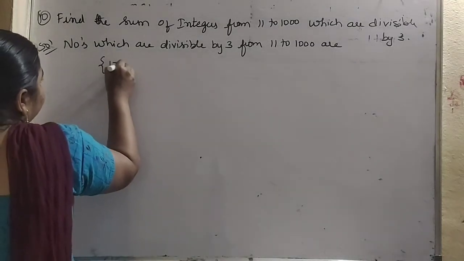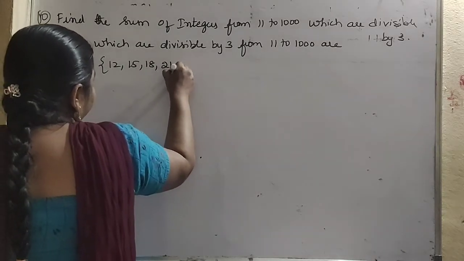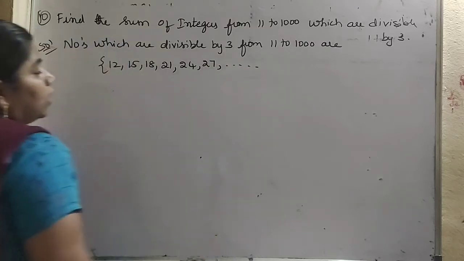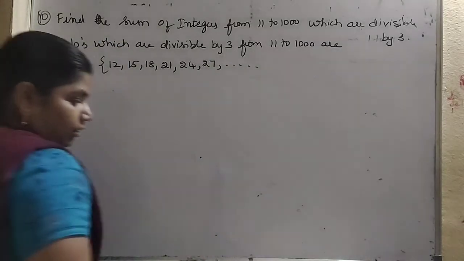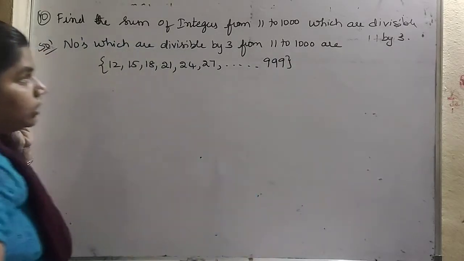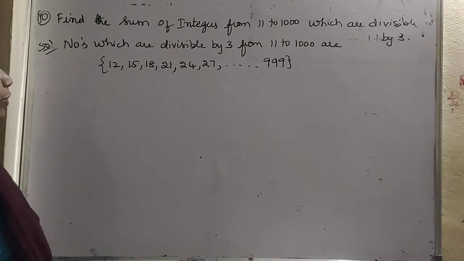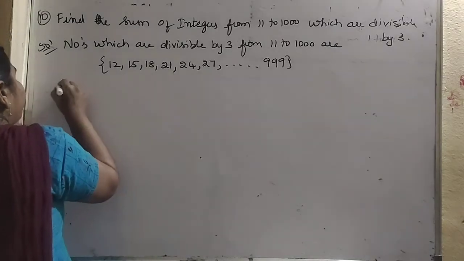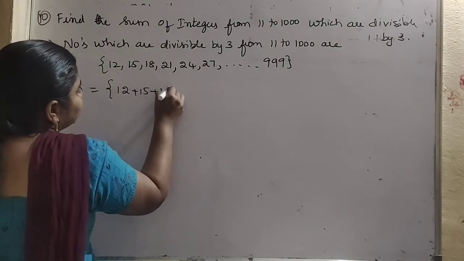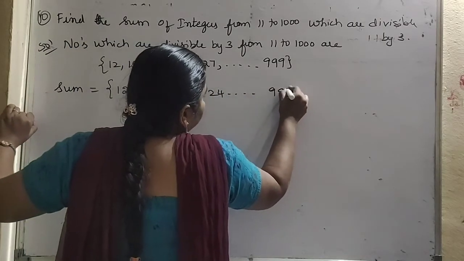That will be 12, 15, 18, 21, 24, 27 and so on up to 999. These are the numbers which are divisible by 3. For the sum, they asked us to add them. Sum is equal to 12 plus 15 plus 18 plus 21 plus 24 and so on up to 999.